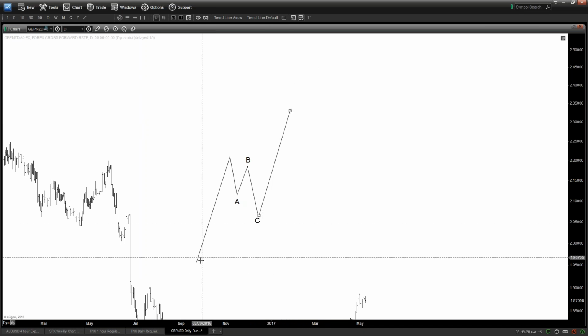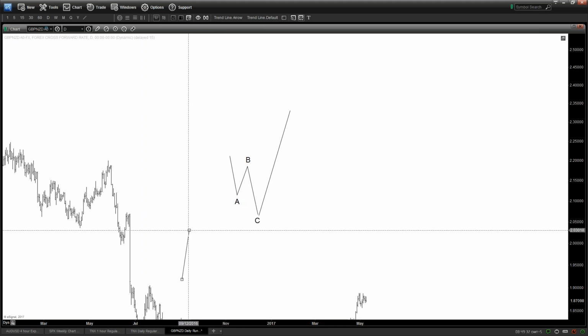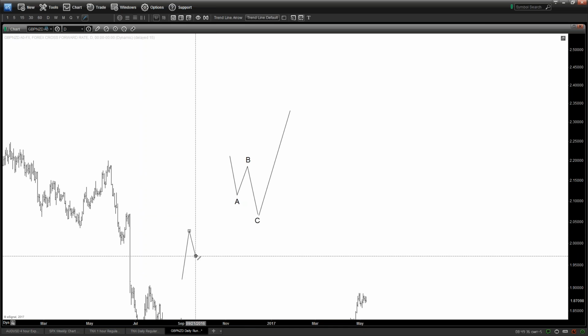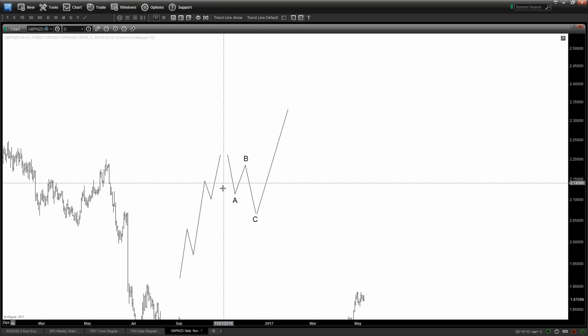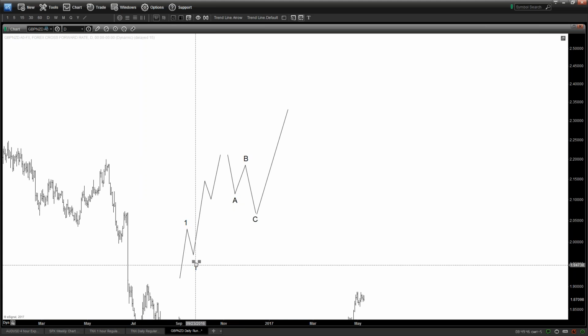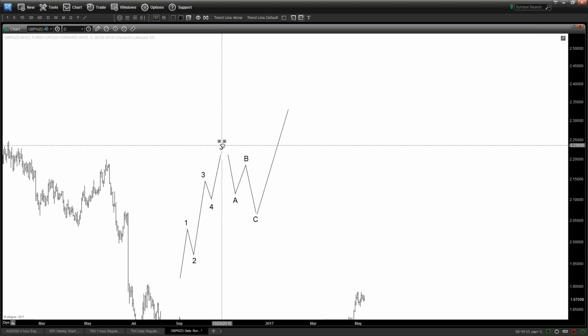Everybody understand, right? This could be 5 waves here. If you only know about 5 waves, let's put it this way. You got the 5 waves, right? Which is what you call impulsive. 1, 2, 3, 4, and then 5, right?